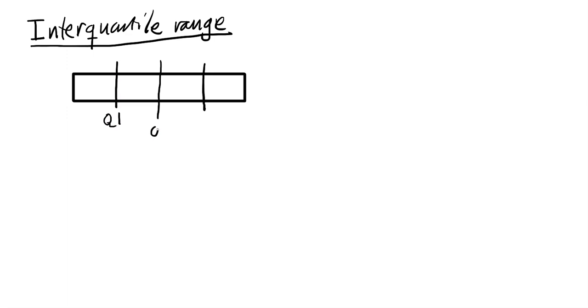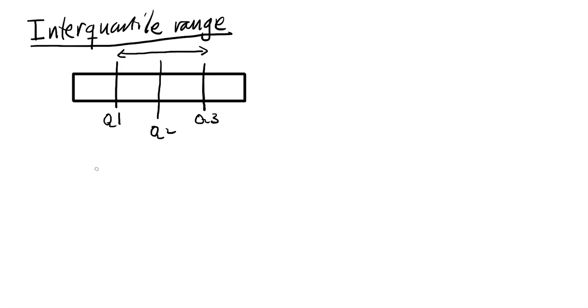This is quartile 1, quartile 2, quartile 3. In the middle here, between quartile 1 and quartile 3, I have 50% of the dataset. And this distance here, that is what you call the interquartile range. So this is the distance between this and that. So the distance between the middle 50%.